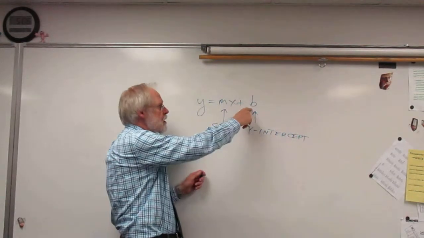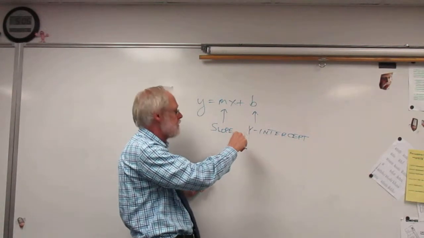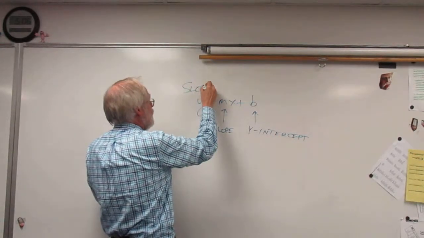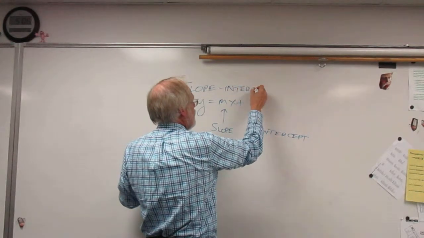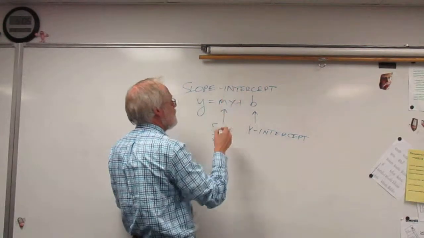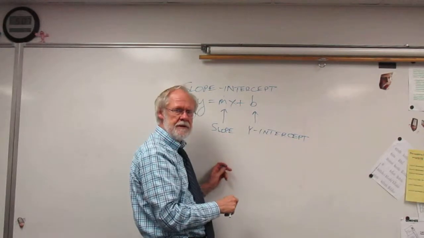That is the place on the y-axis where the line crosses the y-axis. All right, this is slope-intercept form. Slope-intercept form. And that's because it has the slope and the y-intercept in it.